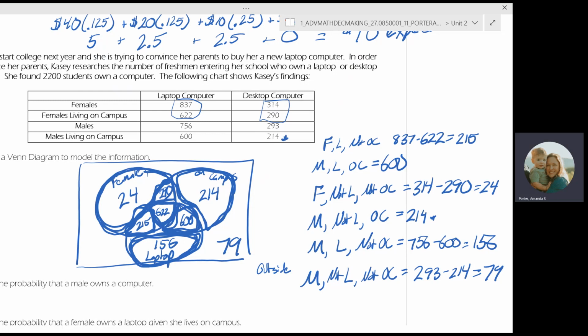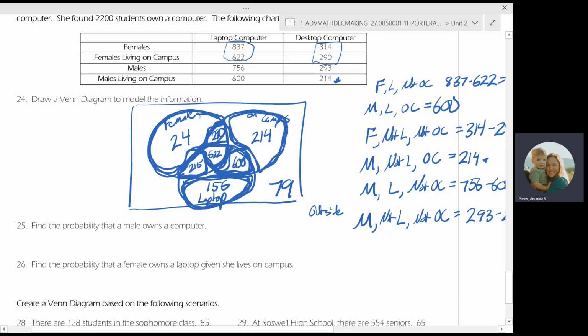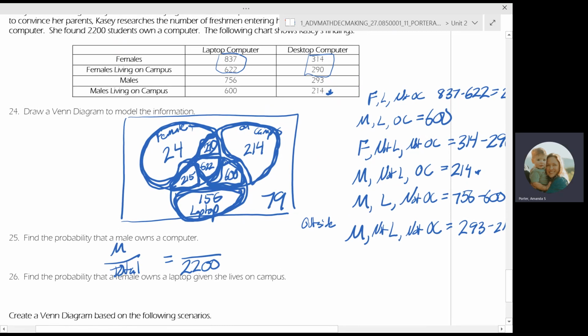All right, so let's find the probability that a male owns a computer. So male over the total would be how I find this. My total, we said, is 2,200. That's up in the directions. So here are my males.